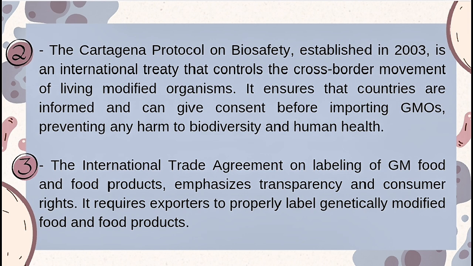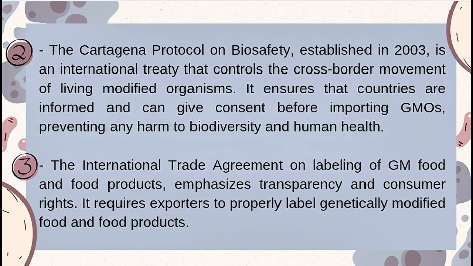Its main goal is to protect biodiversity and human health from potential risks associated with GMOs. Also, it requires exporters to seek permission from importing countries before sending GMOs, ensuring that these organisms do not harm biodiversity or human health.